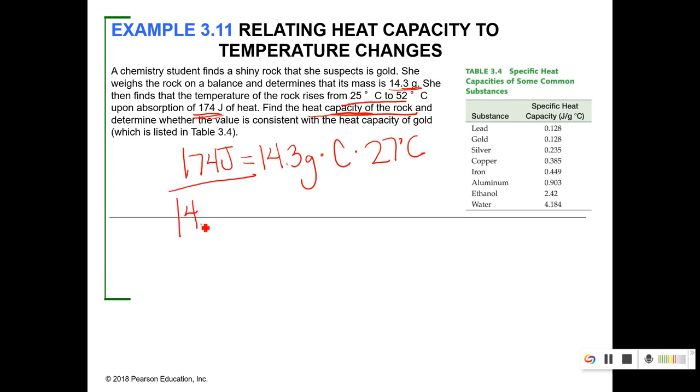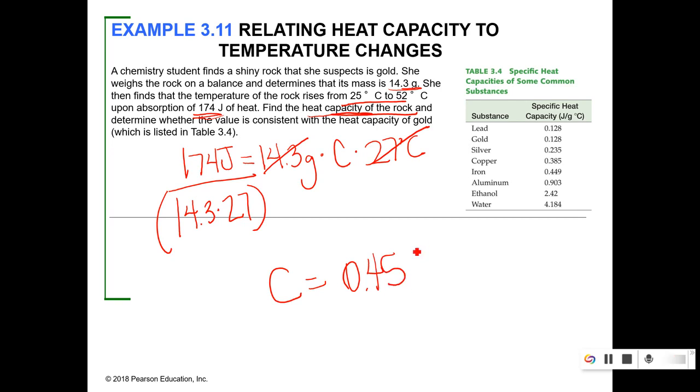Remember these have to go in parentheses. Please don't do what I did. So that cancels, that cancels. C is equal to 0.45 joules per gram degree Celsius.